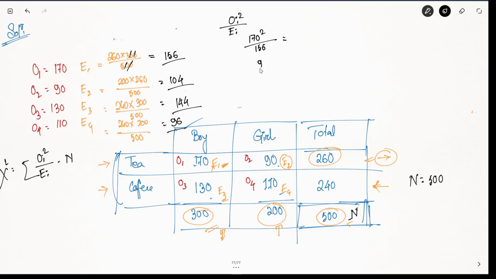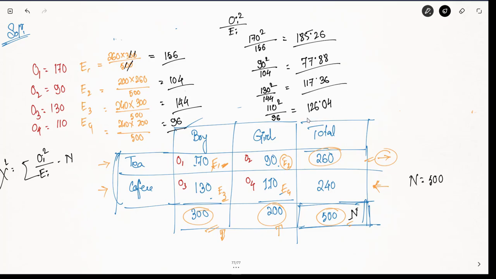Similarly, 90 square by 104, 130 square by 144, and last one is 110 square by 96, right? So the values that I got after simplification are 185.26, 77.88, 117.36 and 126.04, right?